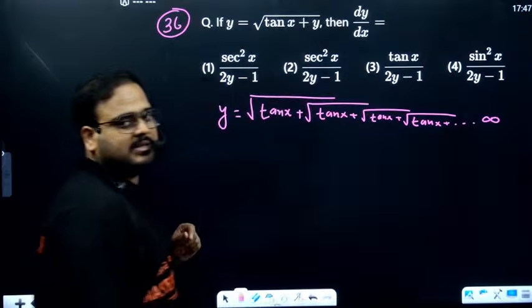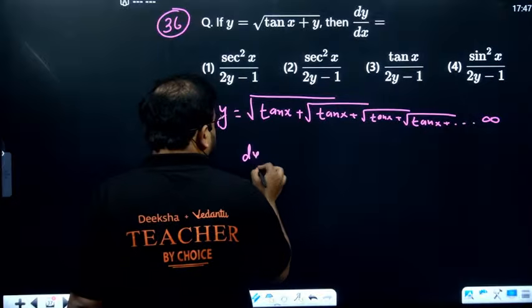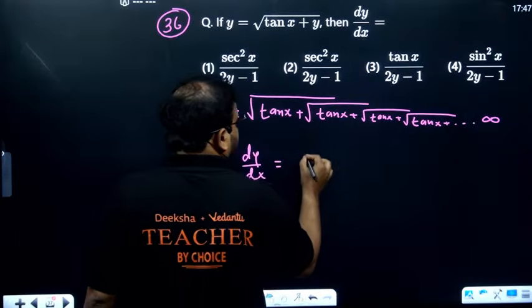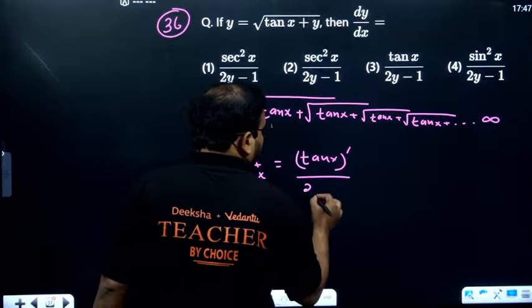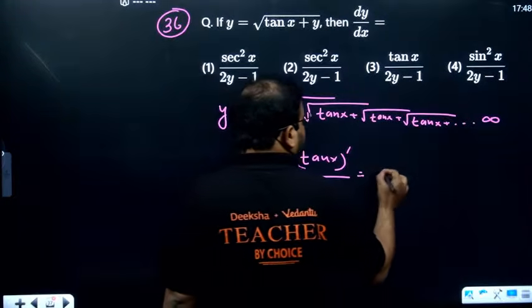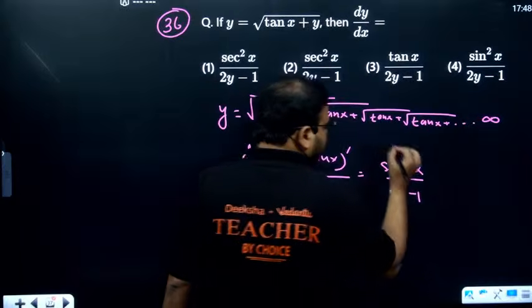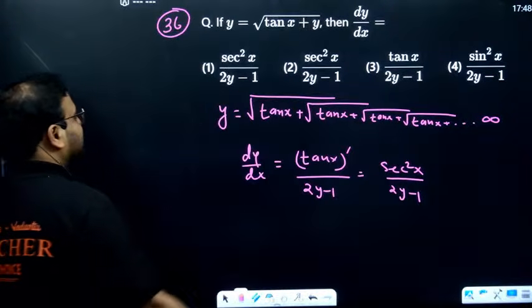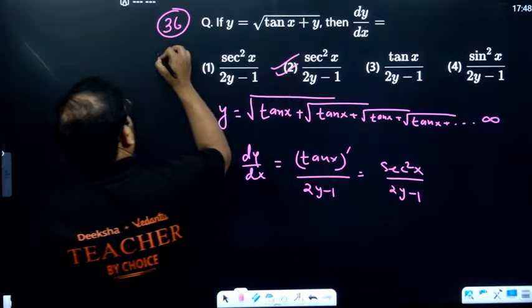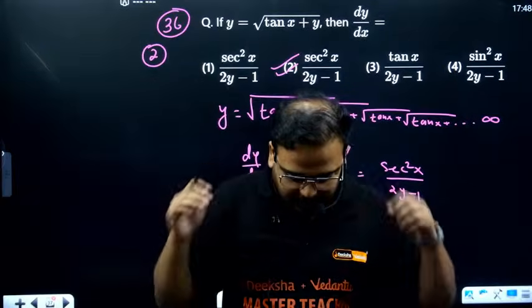Infinite number of times. I have taught you guys this series. Differentiation of this is derivative of tan x upon 2y minus 1. That becomes secant square x upon 2y minus 1. Yes, correct. Bang on. Option 2 is correct.